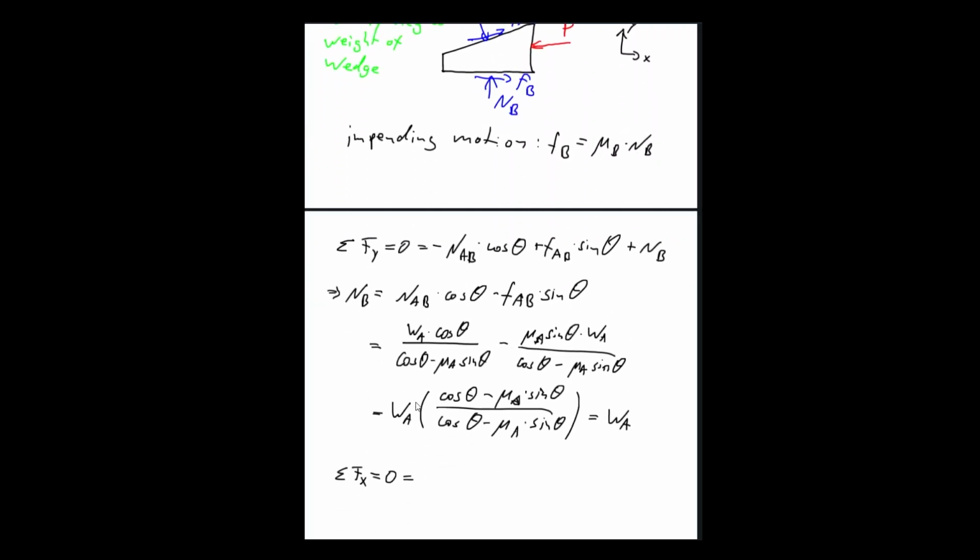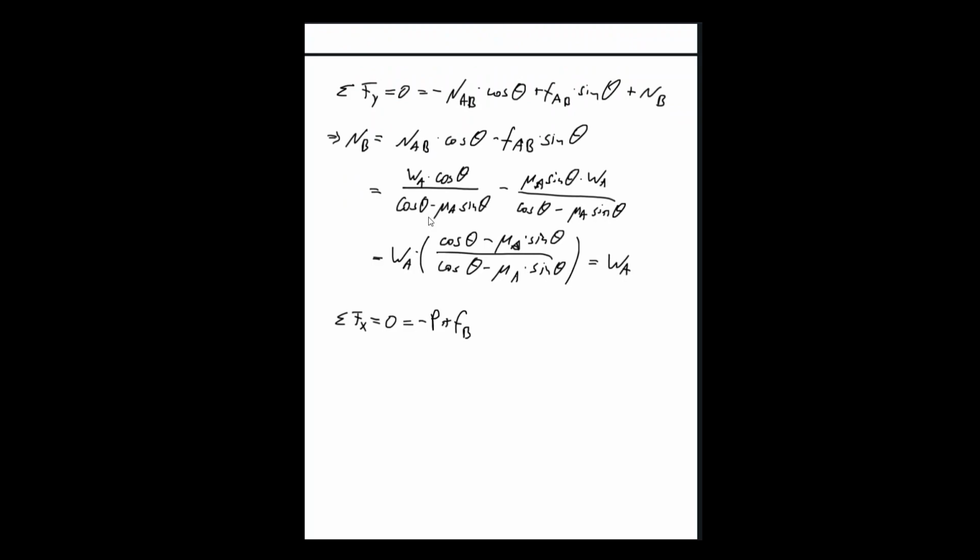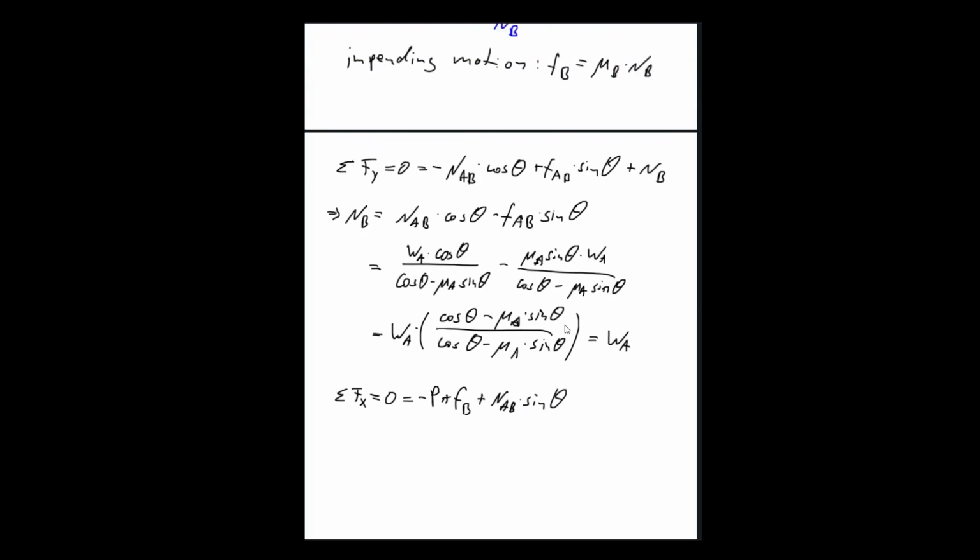Well, we get minus P. We get plus FB, which we know is just mu times NB. We'll get there next. So FB, so then we have NAB, that's going to go in the positive direction, and it's going to be the sine. So plus NAB times sine theta.